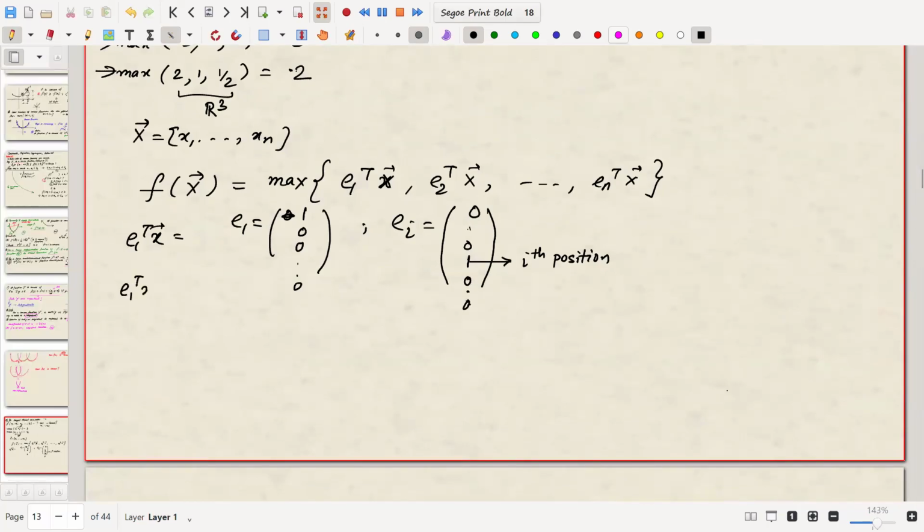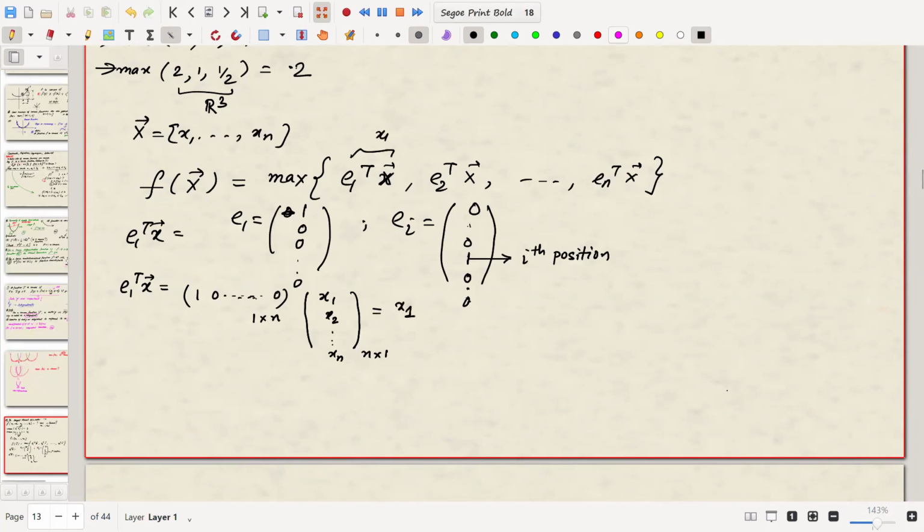What is E1 transpose x? E1 transpose is 1, 0 till 0, and x is n rows and 1 column: x1, x2 up to xn. Can you tell what the element here is? It is x1.